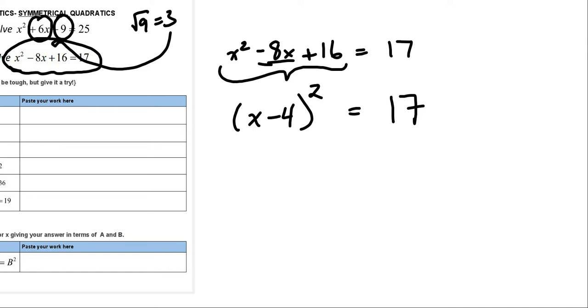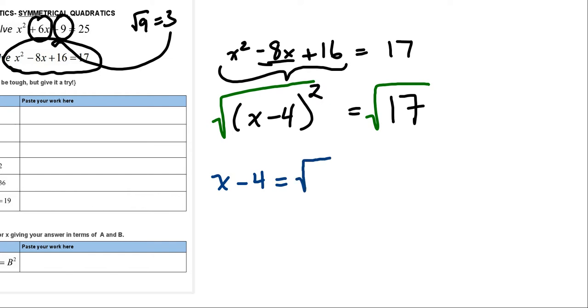Now, here's where it gets a little bit interesting. We square root both sides, and we get x - 4 = √17. From our last unit, we also see that this is not a perfect square, but let's just leave it as an exact answer, where square root 17 is simply square root 17.